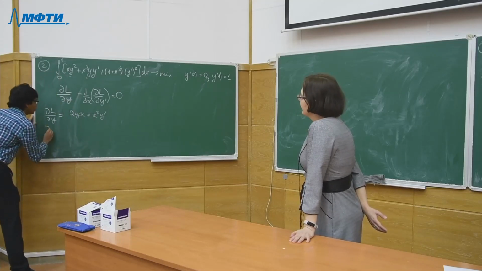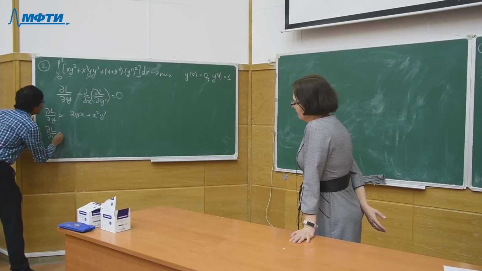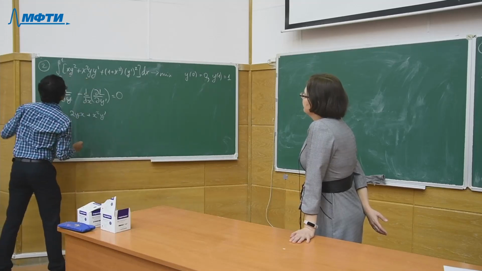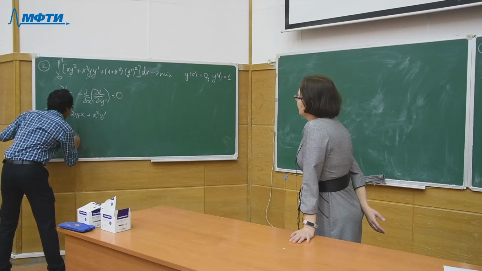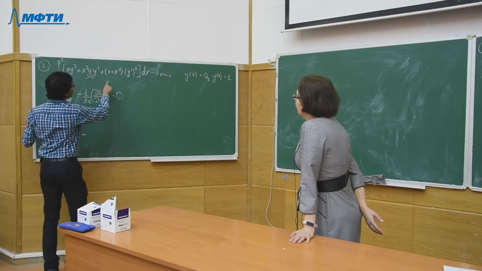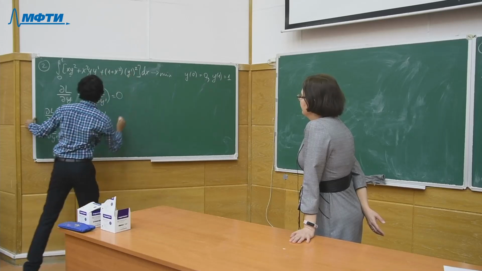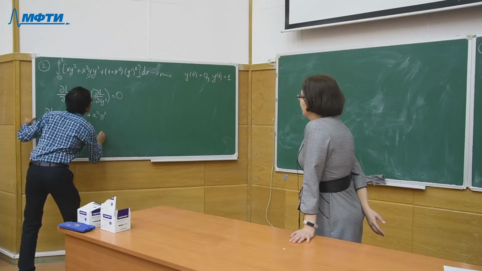And dL over dy prime is x squared y plus 2 times y prime times 1 plus x squared.